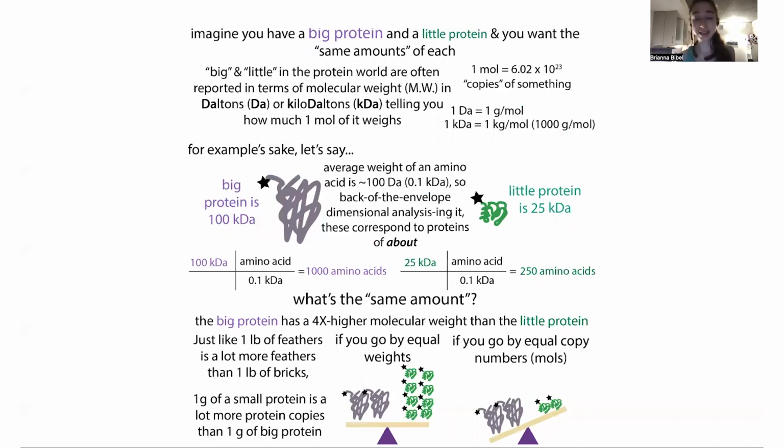And so we can easily get deceived by having equal amounts in terms of masses or equal concentrations in terms of mg per mil, but having drastically different amounts of proteins. We would need a lot of copies of a small protein in order to have the same actual number of copies of a big protein.